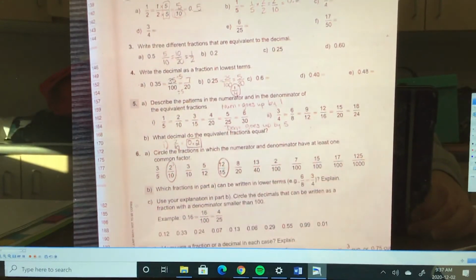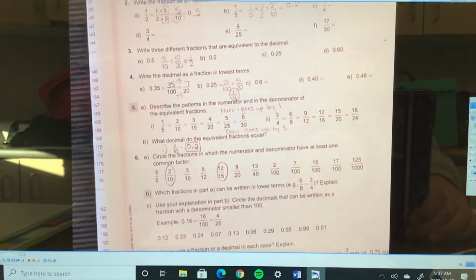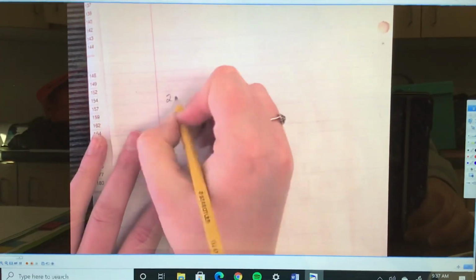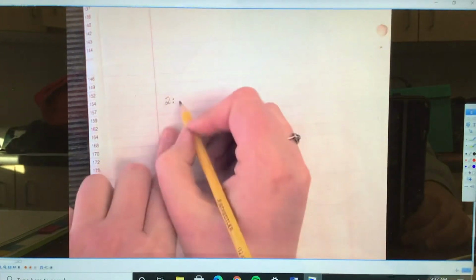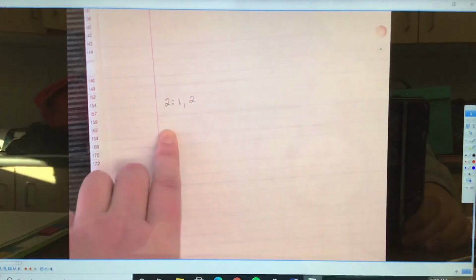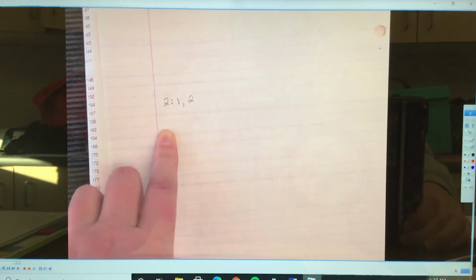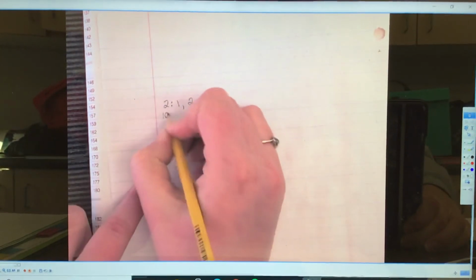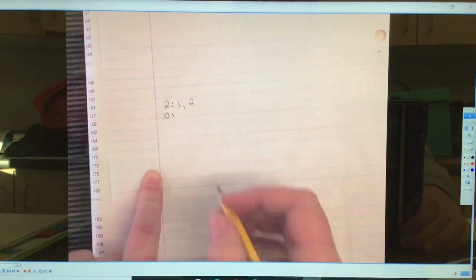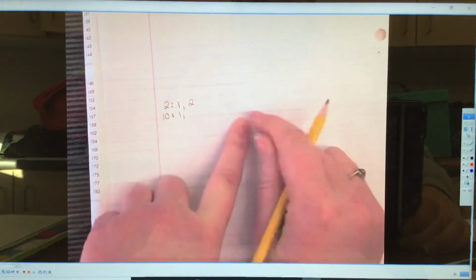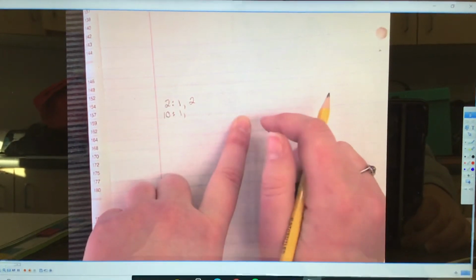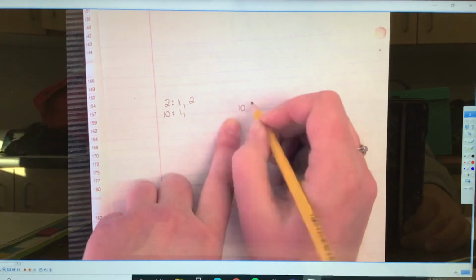So I'm going to put another piece of paper here and show you, okay? So we talked about 2 and 10, right? So, if I have the number 2, what can I divide it by? 1 and 2. These are all the factors of 2, okay? If I have the number 10, I can divide it by 1 and what? 1 times what is 10? 2.